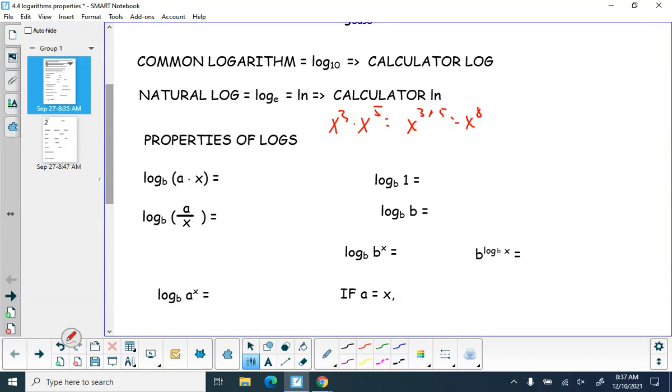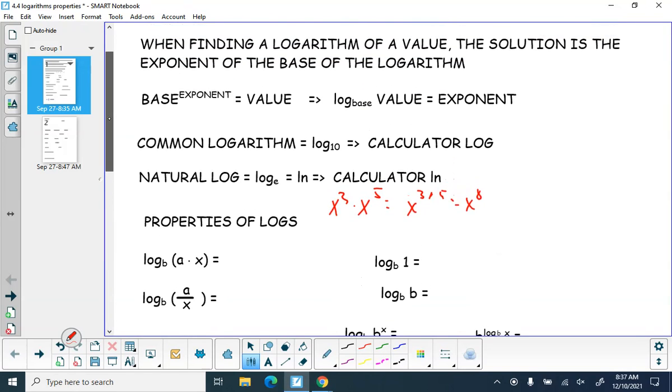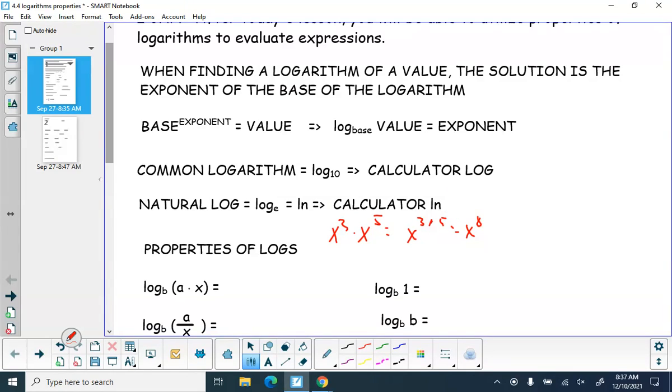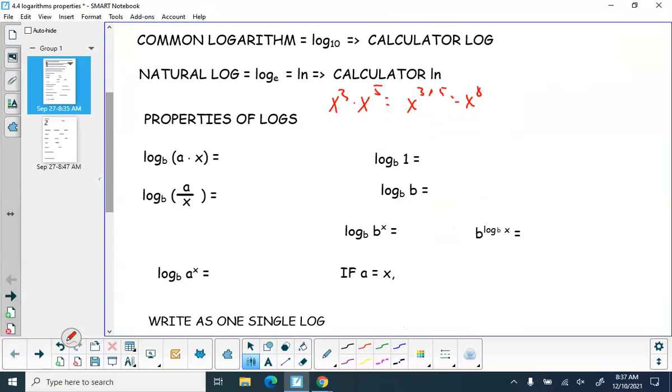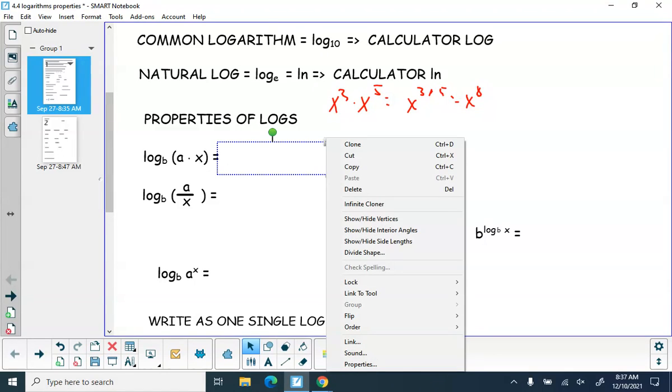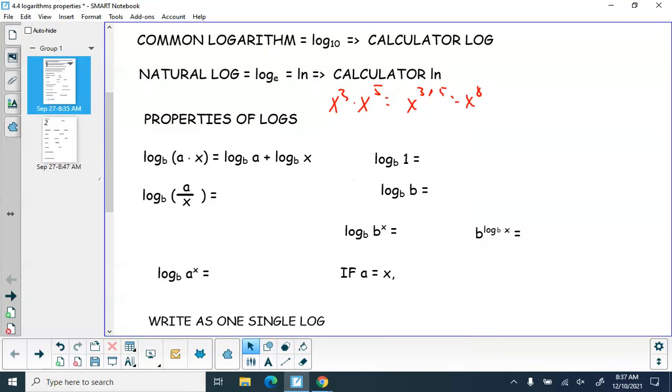We add the exponents. Whenever I'm dealing with logarithms, the solutions to logarithms are exponents. So when I have two things being multiplied together here, that is the same idea, we have to add those exponents.